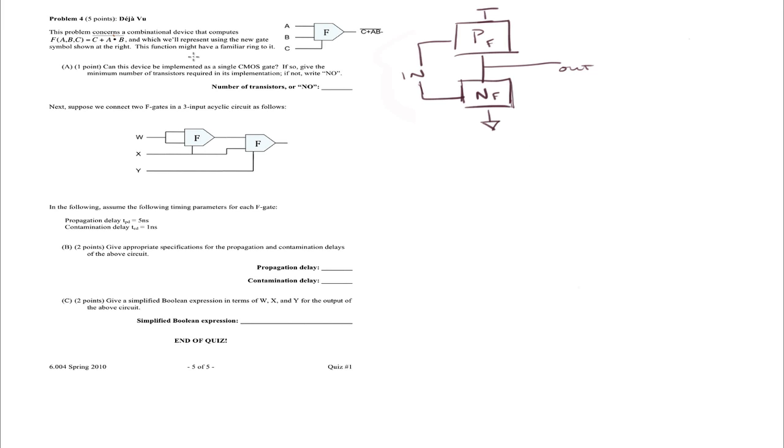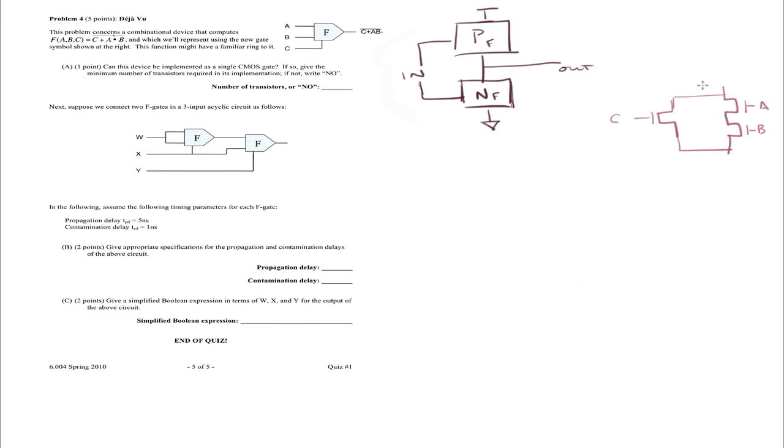We have this whole not thing, so we can design the NFETs first. We have C, OR, so C is going to be in parallel because it's OR. It could be this side or this side. A, B, right?